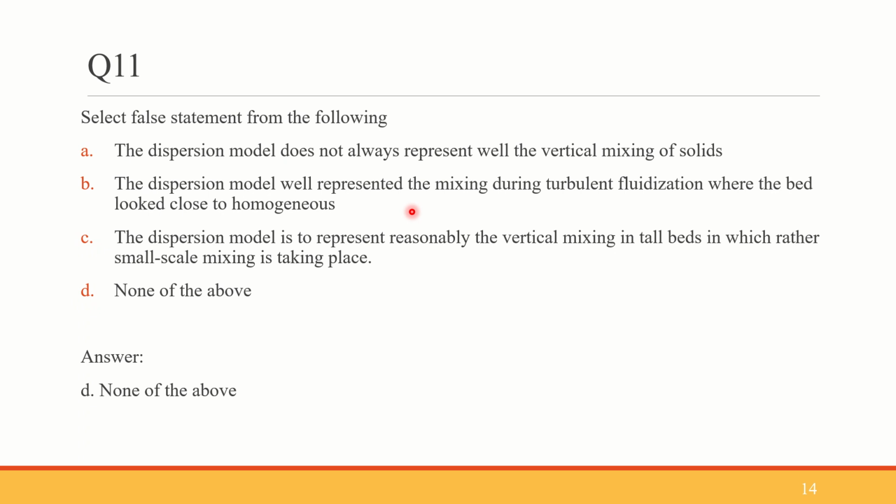And the second statement, it well represents the mixing during turbulent fluidization where the bed looks closer to a homogeneous bed. And the third one, the dispersion model is to represent reasonably the vertical mixing in tall beds in which rather small scale mixing is taking place. So all of them are true. So the false statement is not here. So the right answer is none of the above.